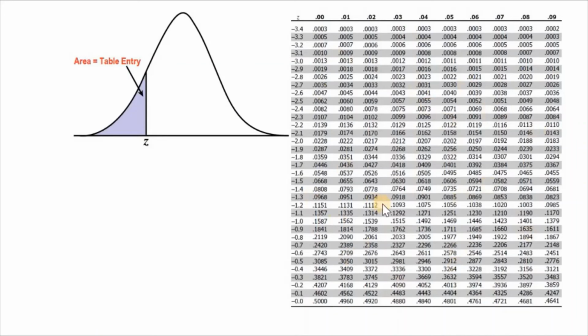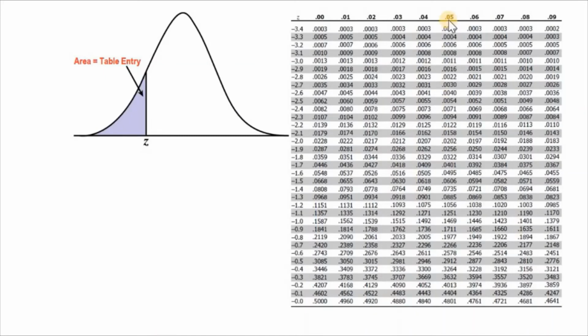So, closest I can find here are 0.0505 and 0.0495. So the z values for these are negative 1.64 and negative 1.65. We take the value between them, which is negative 1.645.